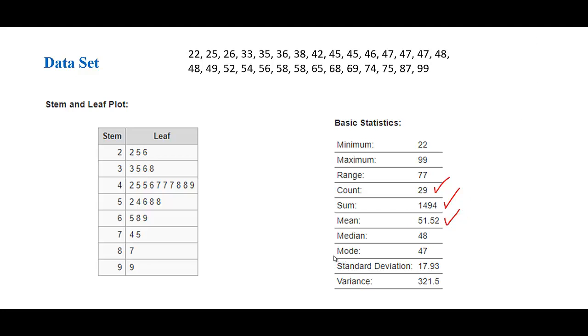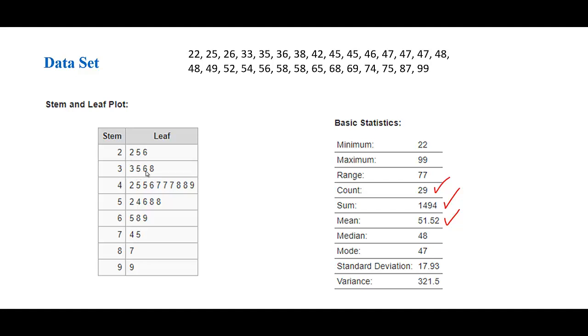Now let's see how to find the mode. Mode is the number which comes most of the time in the data. So you can observe here, just look at the unit place, that is, just look at the leaf area. Here you can see that this is 22, this 2 appeared one time, 5 appeared one time, 6 appeared one time.